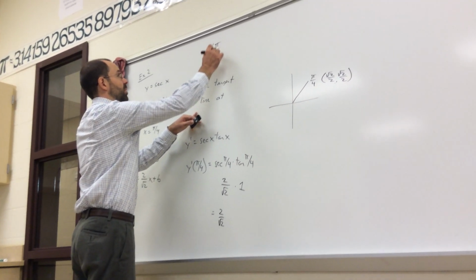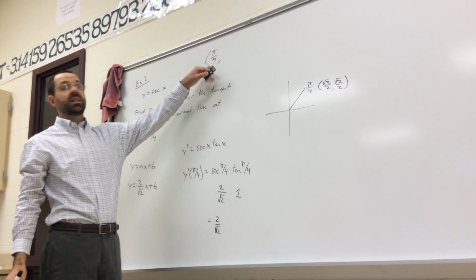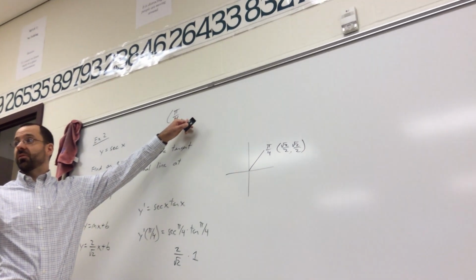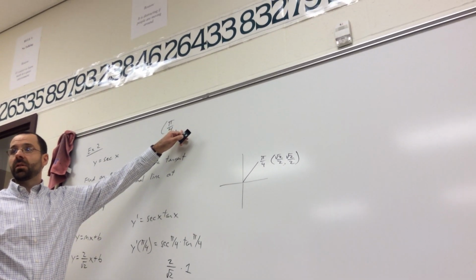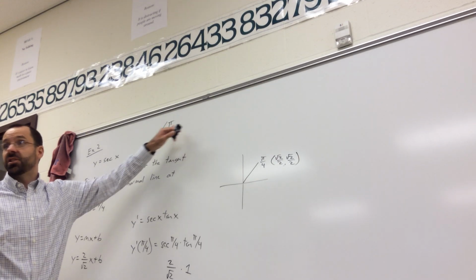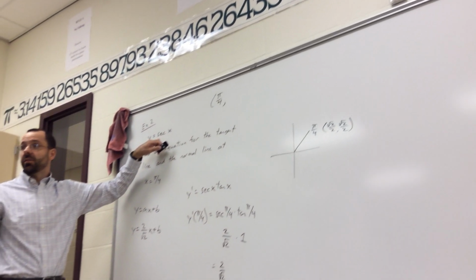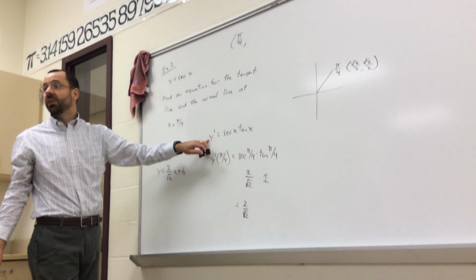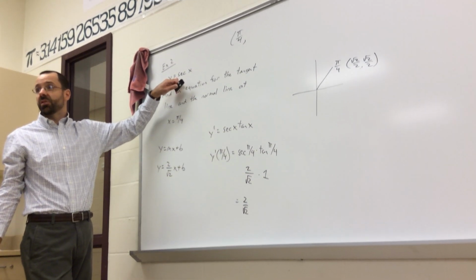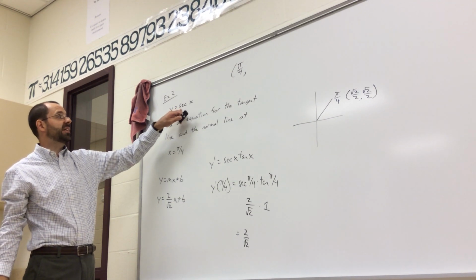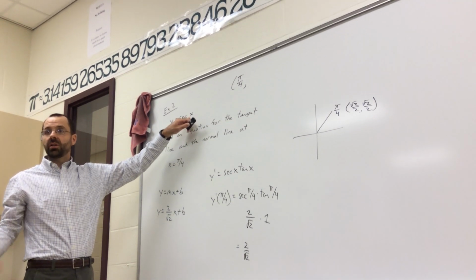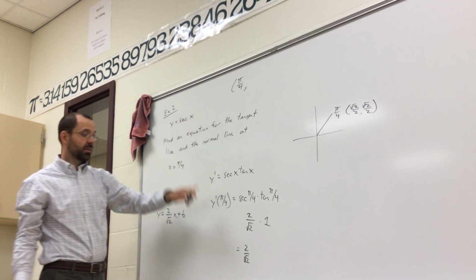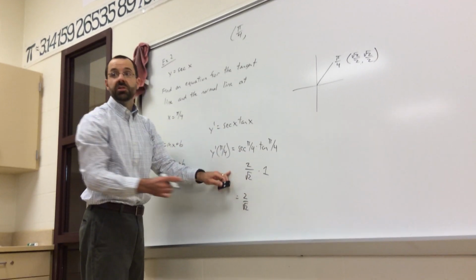That's pi over 4. So I need to figure out the y value at pi over 4. In order to figure that out, I just plug into the original formula. If I want the slope, I plug into the derivative. If I want the y value, I plug into the original. So I just got to take the secant of pi over 4. We already figured that out. It was right here. It was 2 over root 2.